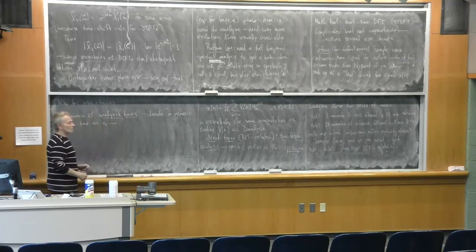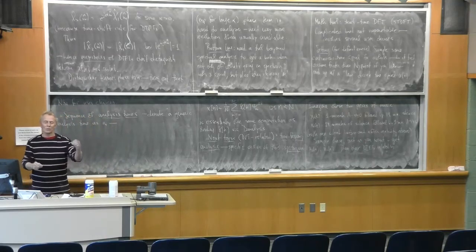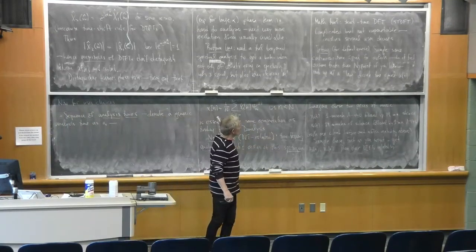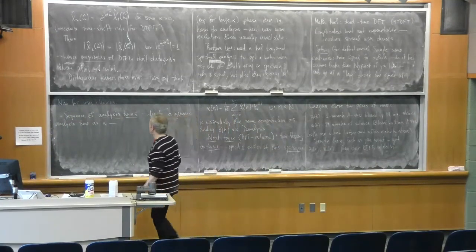And all that has to be true about these analysis times is that they increase monotonically to infinity, or at least to whatever the length of the signal x of n is.